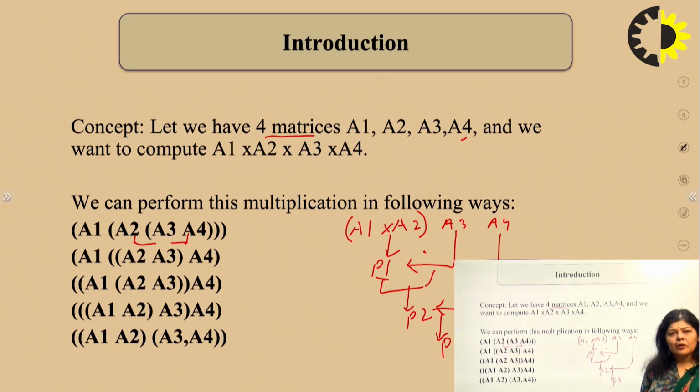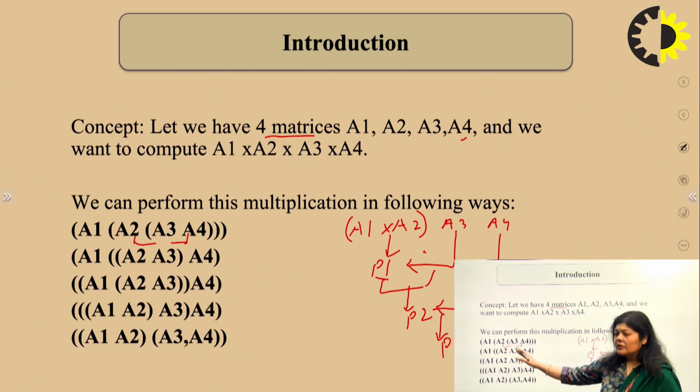And this P3 is the solution for this chain of matrices when they are multiplied together. How I pick up 2 matrices to multiply first decides the order of parenthesizing this chain of matrices.